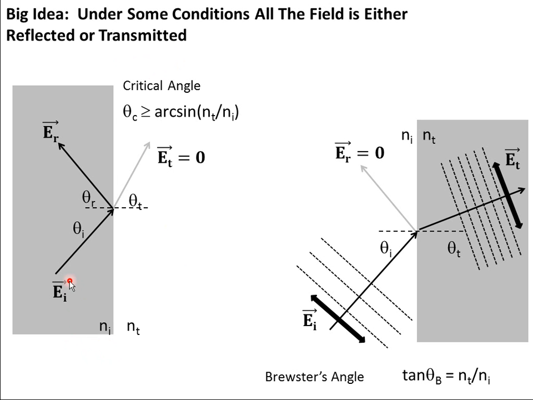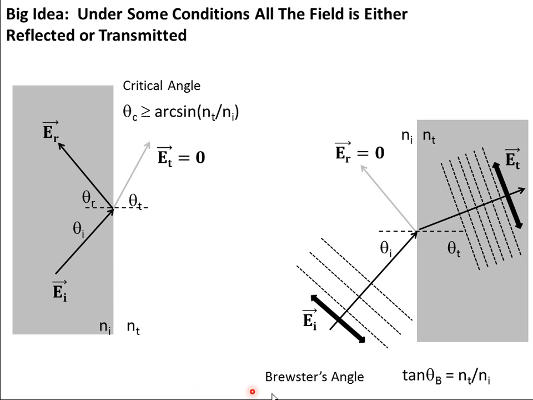In this case, if the incident electric field coming in at angle theta_i from the surface normal is greater than the arcsine of the transmitted index divided by the incident index, then all the radiation gets reflected and the transmitted field is zero. And so for big enough theta_i, you get total internal reflection going from more dense media with large indices to less dense media with smaller indices of refraction.